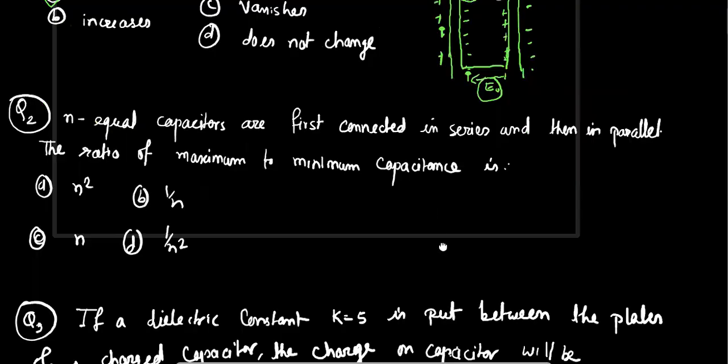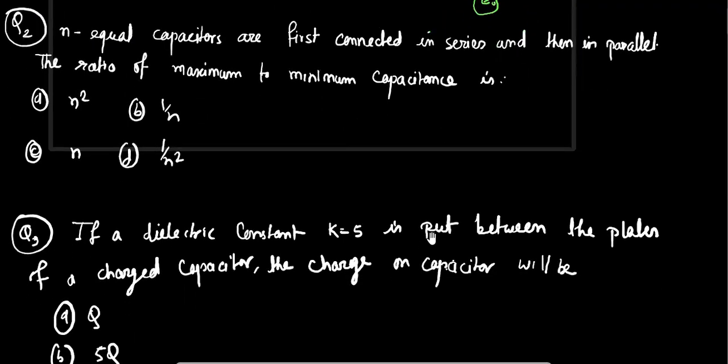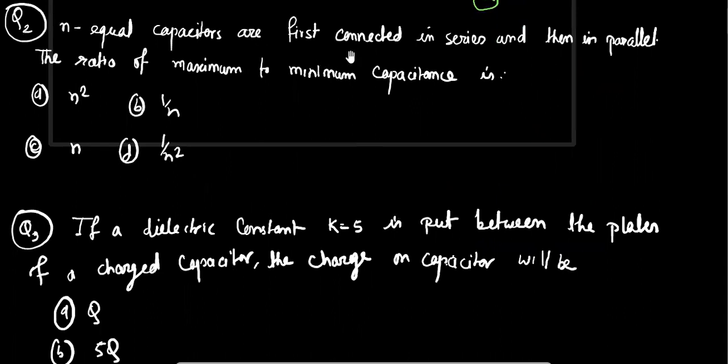Now we are going to solve another question. Question number 2. Unequal capacitors are first connected in series and then in parallel. The ratio of maximum to minimum capacitance is?